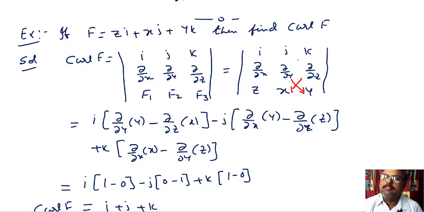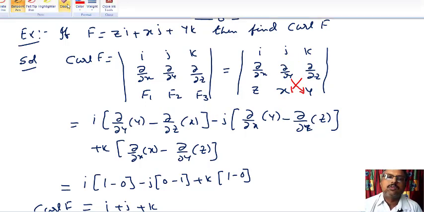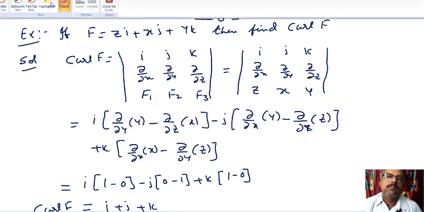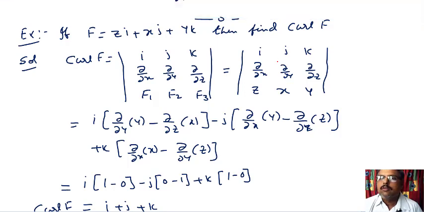Now the second term, j: dou by dou x of this term, dou by dou x of y minus dou by dou z of z.